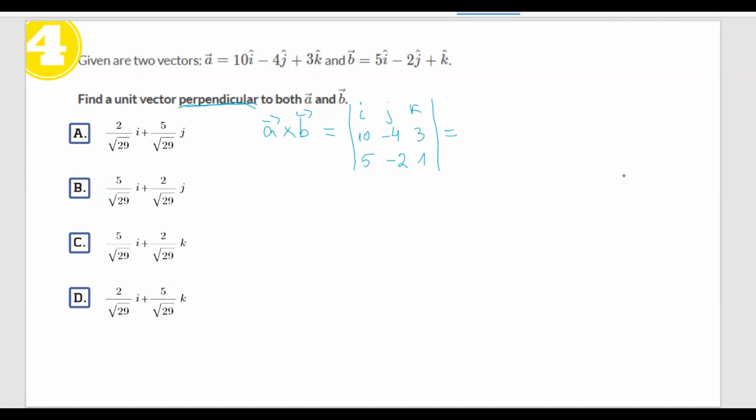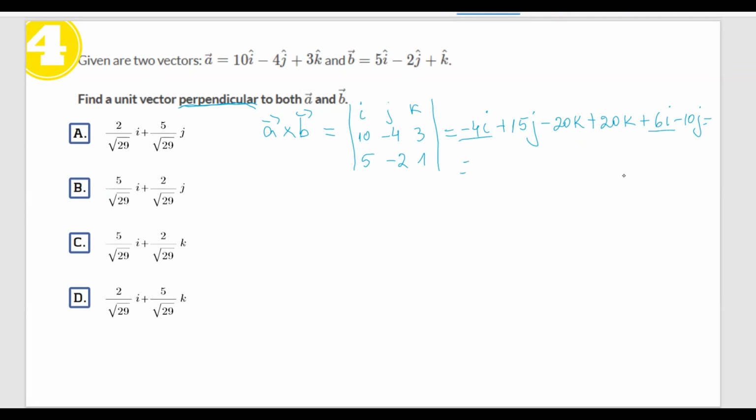So let's go ahead and calculate the determinant. I get minus 4i plus 15j minus 20k. And here we'll have plus 20k plus 6i minus 10j equals.